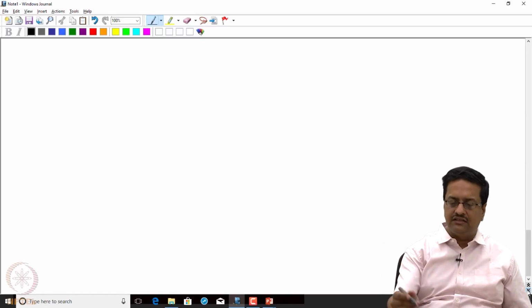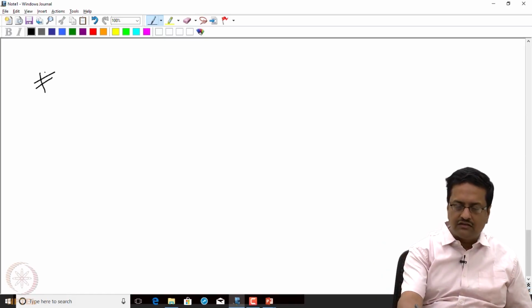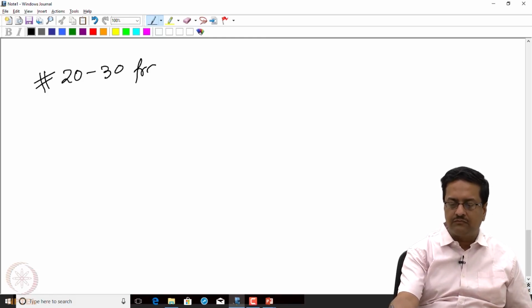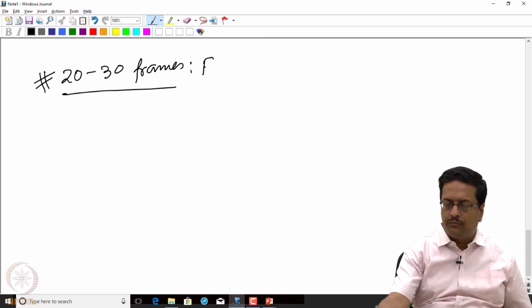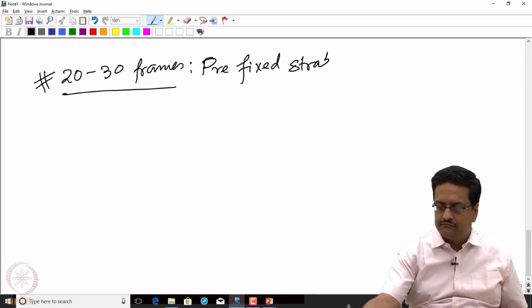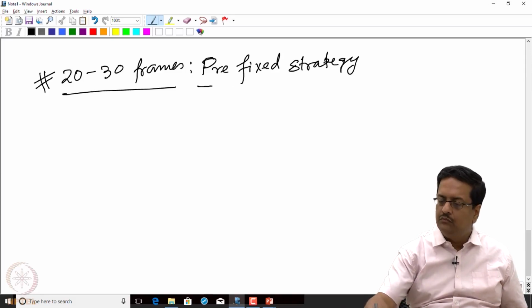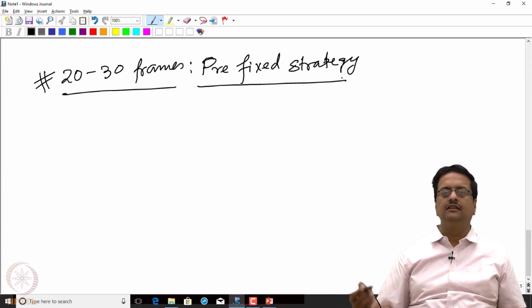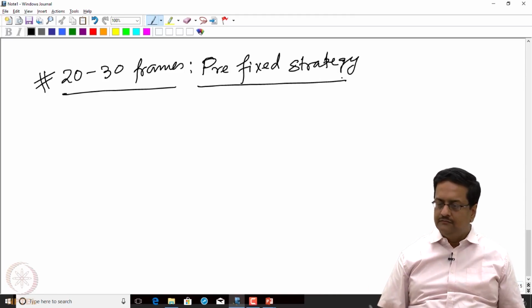Simply, it records about 20 to 30 frames with a prefixed strategy. In most cases, that strategy cannot be edited, and in some cases you can extend the strategy.